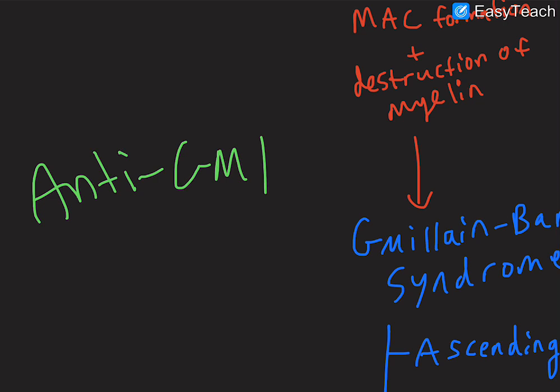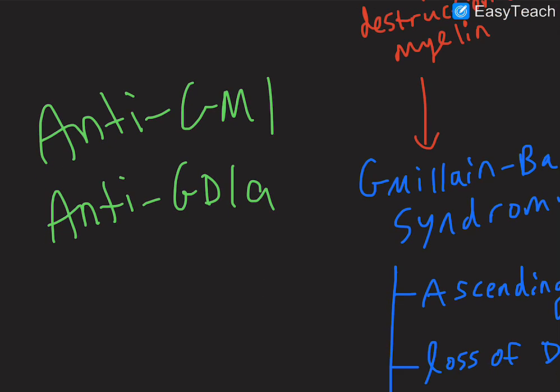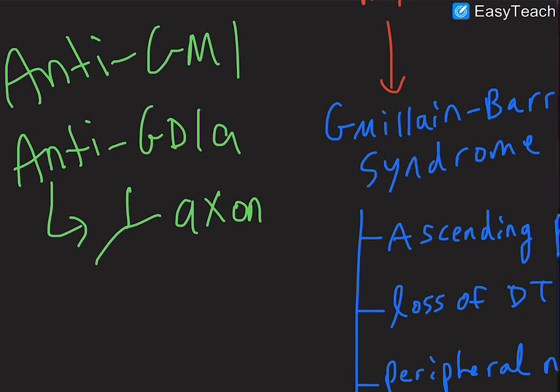You can also have anti-GD1A antibodies. What these antibodies target is the axon membrane. So it targets the axon instead of the myelin.